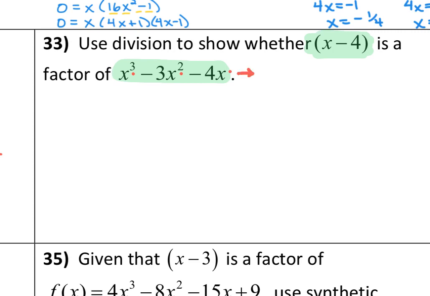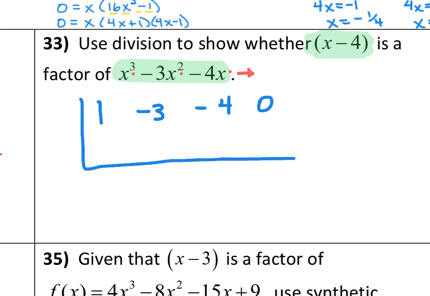So I'm going to need to use a 0 as a placeholder. So I've got 1x cubed minus 3x squared minus 4x, and then 0 holds that last place. And I'm dividing by, remember that you want to set that equal to 0, positive 4.